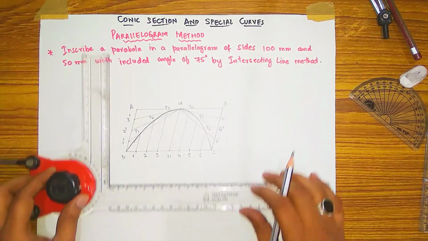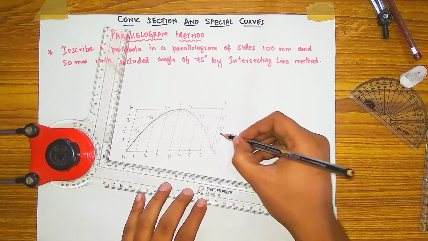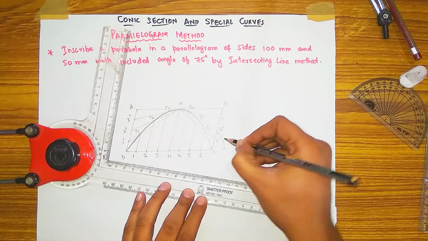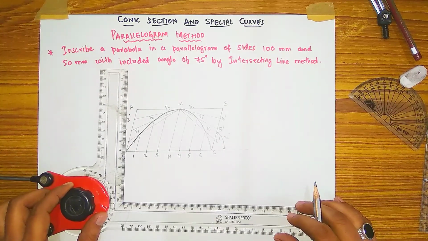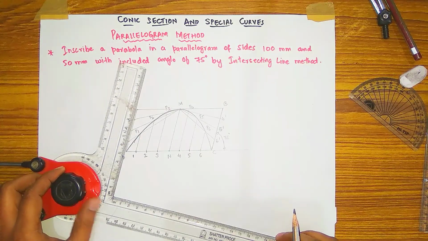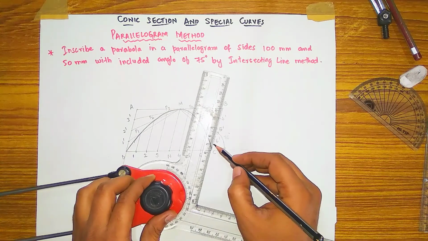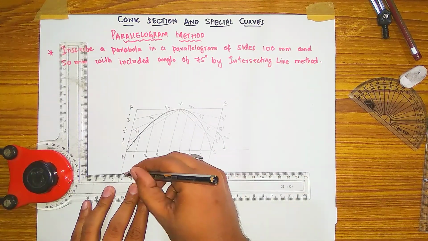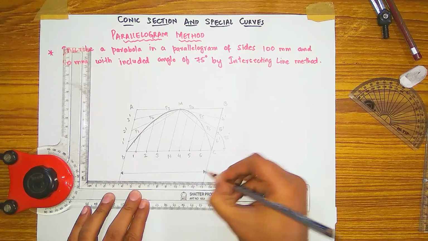Now you have to show the dimensions also, as given in the question. He has given the angle, which we took as 75 degrees, so show 75. Also show this line dimension of 100 mm. Extend the lines from each end like this, then draw a dimensioning line with arrow marks.